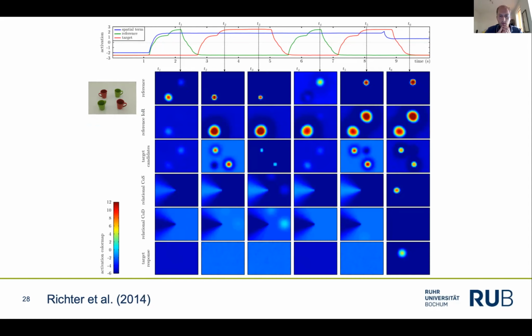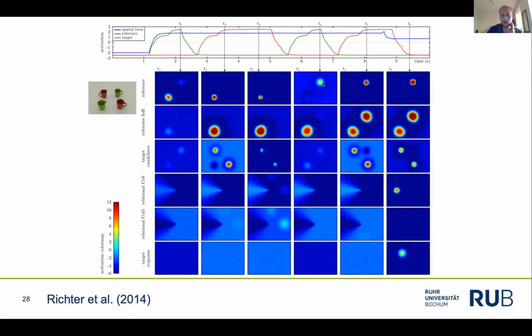Could it happen, after inhibiting the reference that is incorrect, that when the reference process arises again, the incorrect one is selected again? No, it cannot happen, because the inhibition of return field has remembered the location of the previously selected reference object and it inhibits the reference field so that this time another selection decision is made.